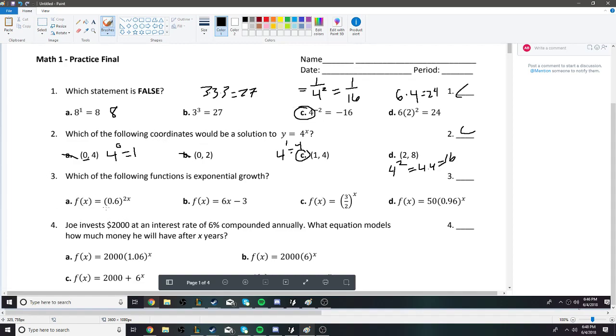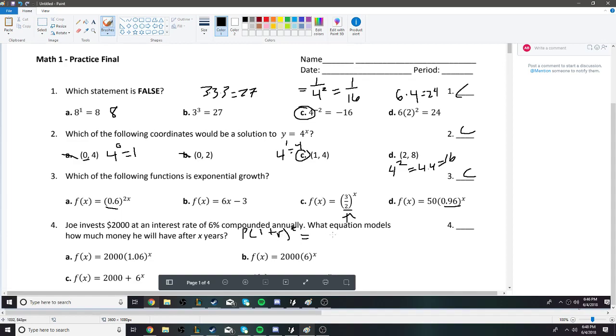For 3, exponential growth is what happens when the base is greater than 1, and since this base is greater than 1, your answer is C. For this, the formula is P times 1 plus R to the T power.